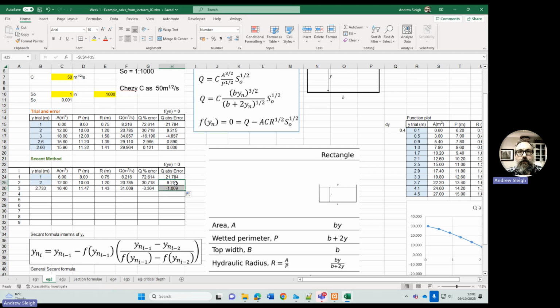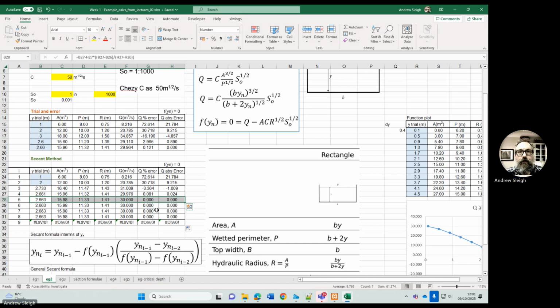So we know that there's a solution between those, between 2 and 2.7. We know that from above, but the good thing about this, now we can just drag that all to the bottom. And we see that very rapidly it's converged to 2.663 meters with an error of, well, less than 1 litre, less than 0.5 litre per second.